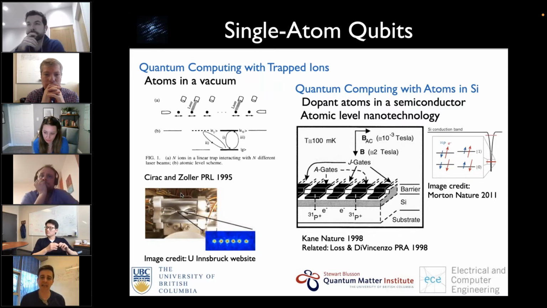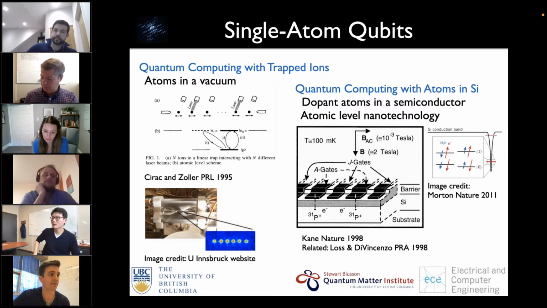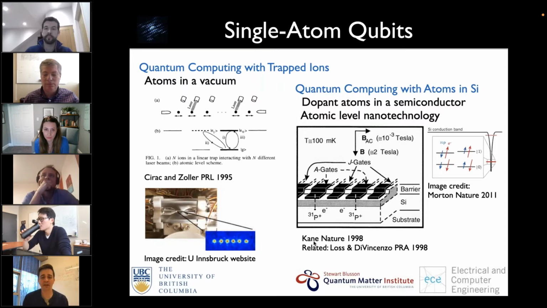It's called the Kane proposal from 1998, and that's shown on the right-hand side. Here, the idea was to incorporate these 31 phosphorus donor atoms into a silicon host, and that we could fabricate metallic gates on top of it, just like transistors.